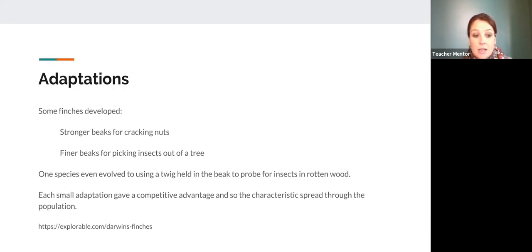Each small adaptation gave a comparative advantage so that the characteristics would spread throughout the population. The advantage meant they were able to eat. The interesting thing about these finches is they evolved and adapted very quickly. Throughout Darwin's journeys, he could see them developing the different beaks in order to survive.